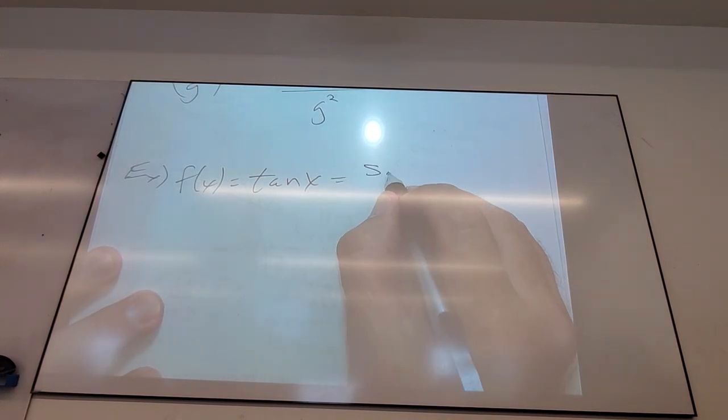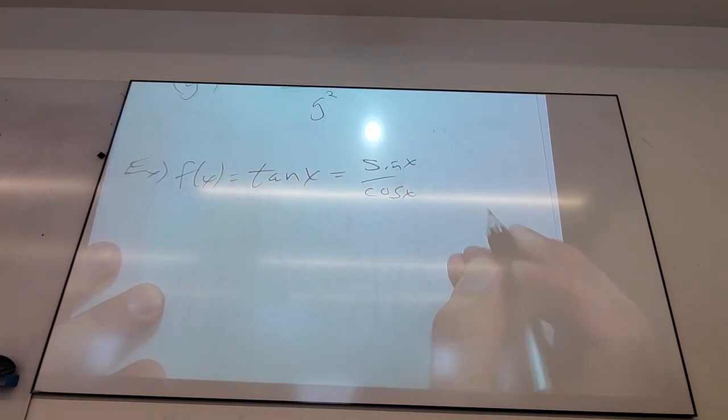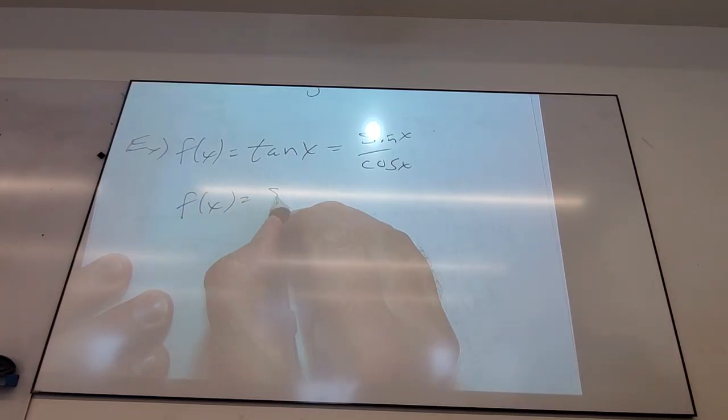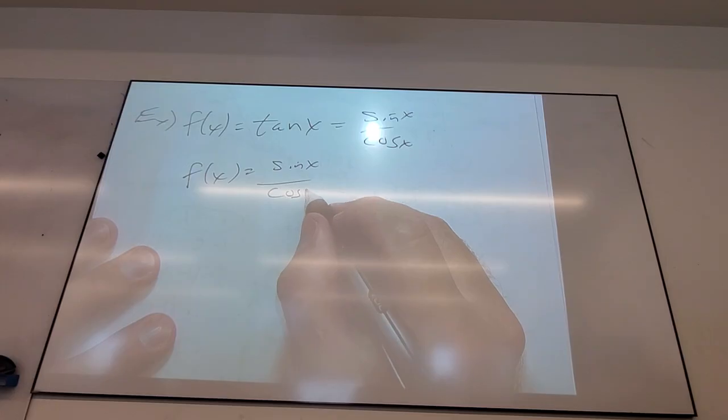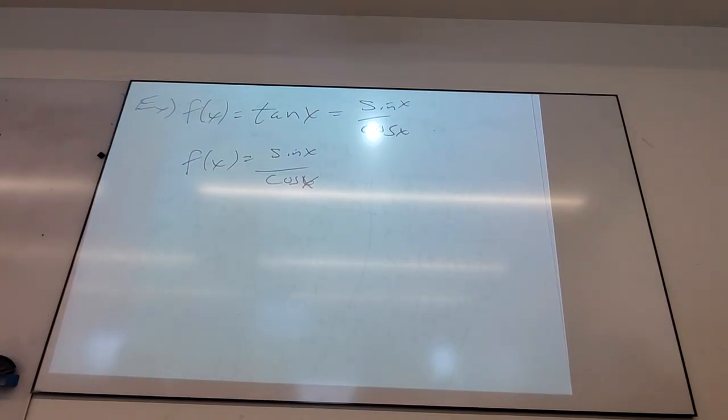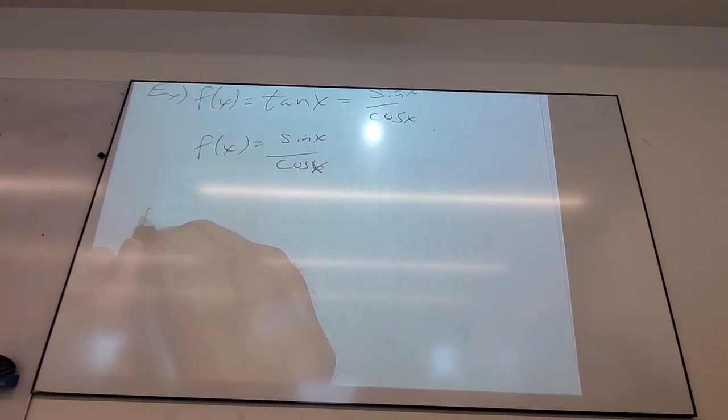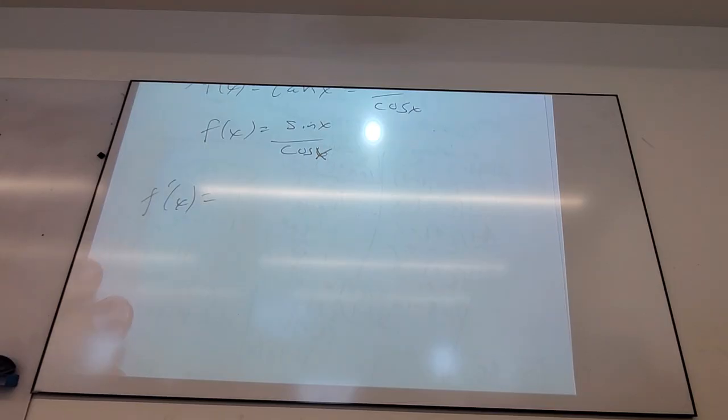So how can I rewrite this sine x over cosine x? What rule can I use now? Quotient rule. So how does that thing work? What do I take the derivative of first? Top.